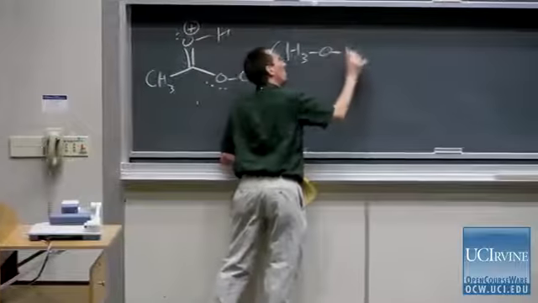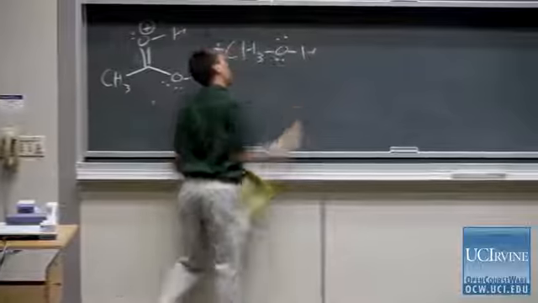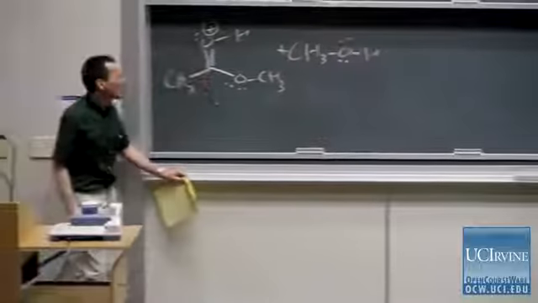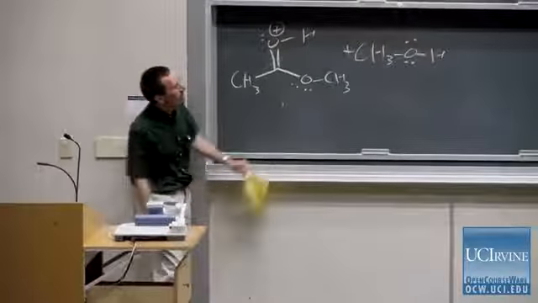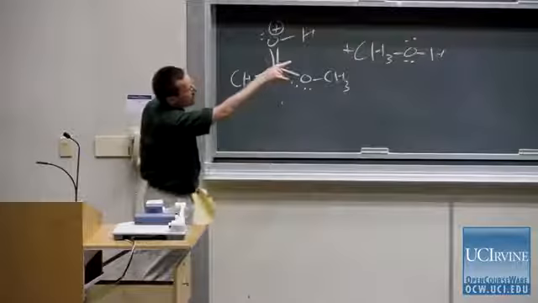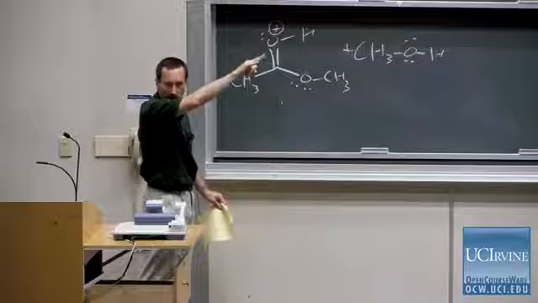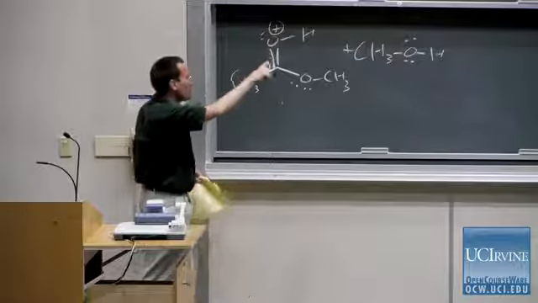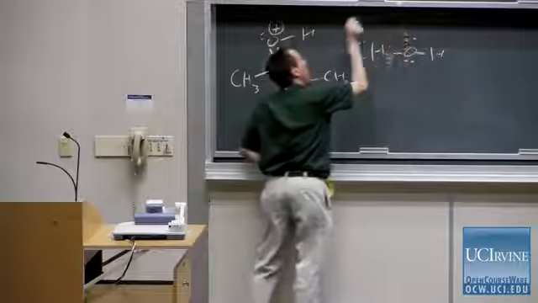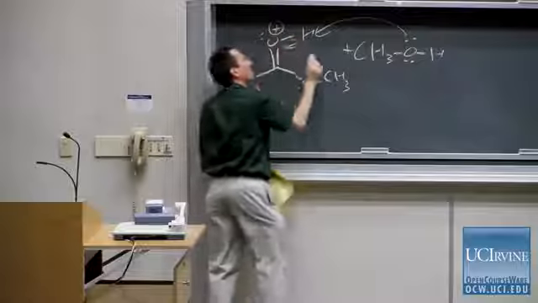Our methanol, which in protonated form served as the catalyst, is now going to accept a proton. Our protonated methanol at the very first step of the reaction was consumed. Our acid catalyst was consumed. In the very last step, it is regenerated.